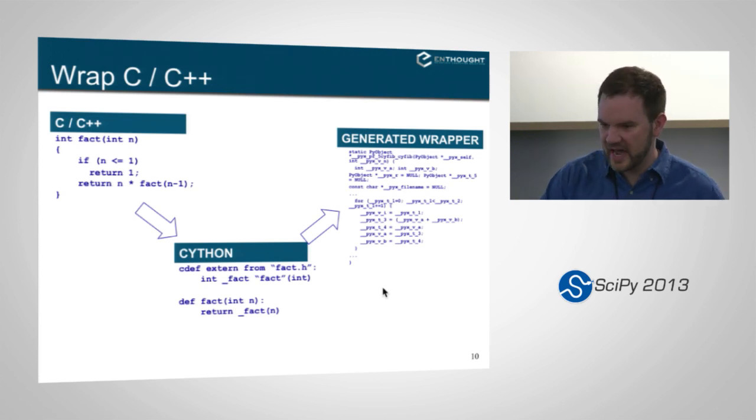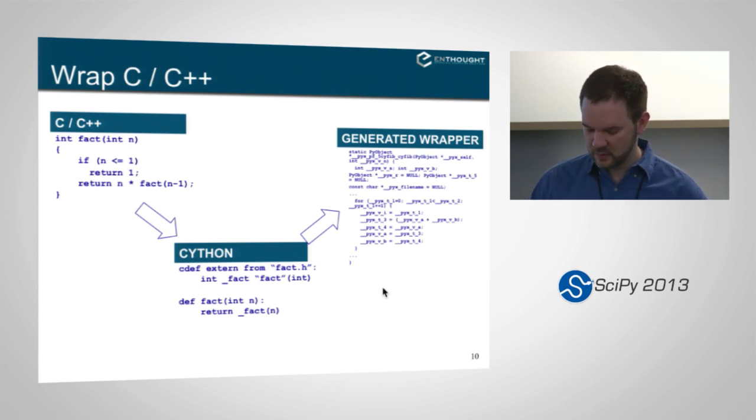The other direction, you have existing compiled code, C++ code. Here we have a little function called fact, and it just recursively calls fact again to compute the factorial. Very simple little function. It's nice, I can fit it on one slide here. And then we have Cython code that's designed to wrap this simple little function fact. Okay? And we'll go through all this in more detail later. And here's just 4 lines of Cython code. We just tell Cython what the interface for this C function is, and then we create a Python function that will wrap it.